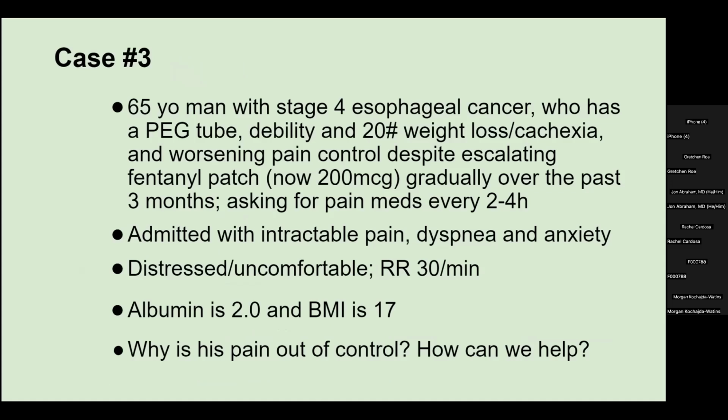He's asking for pain medications every 2 to 4 hours. His pain got so bad, and he developed dyspnea and anxiety, and he was just miserable. So he got admitted to the hospital, and he was noted to be distressed and uncomfortable. He was breathing 30 times a minute. His albumin was only 2, and his BMI is 17. So why is his pain out of control, and how can we help?